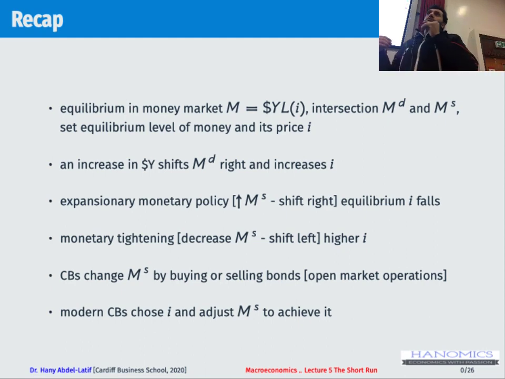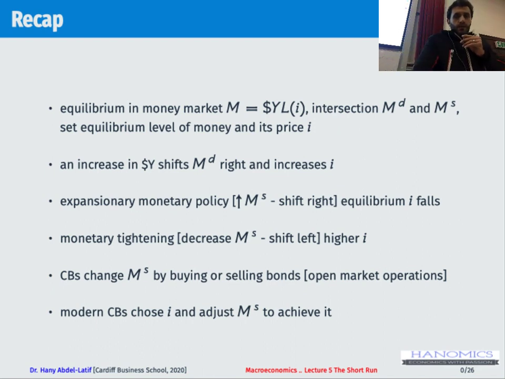If they want to increase the money supply, they buy bonds from the bonds market. If they want to decrease the money supply in the economy, they sell, so they enter the bonds market as a seller.